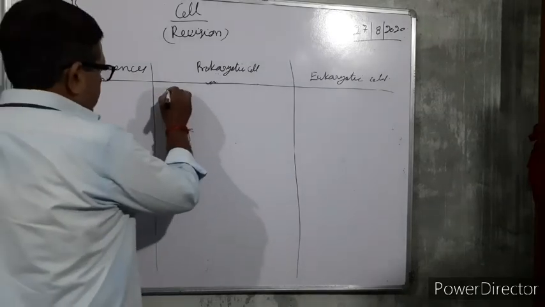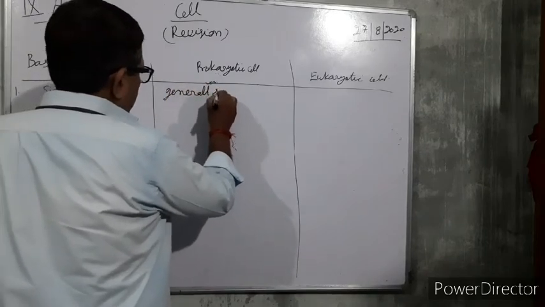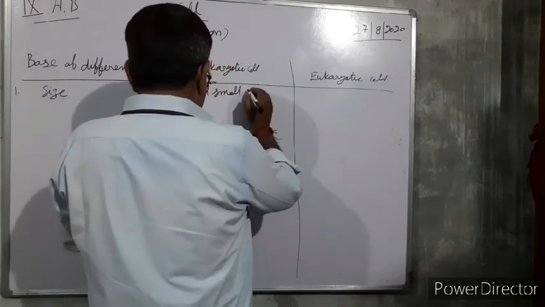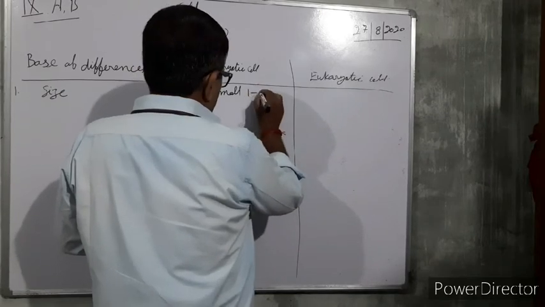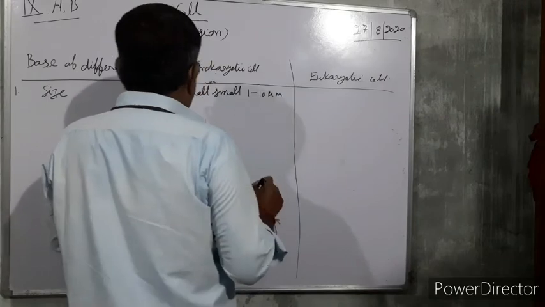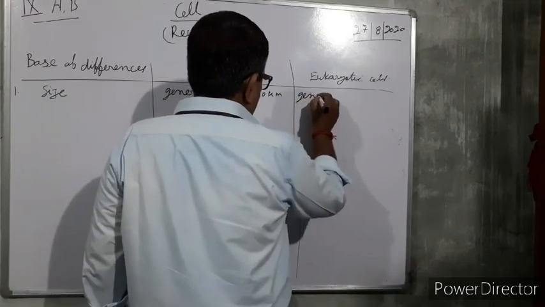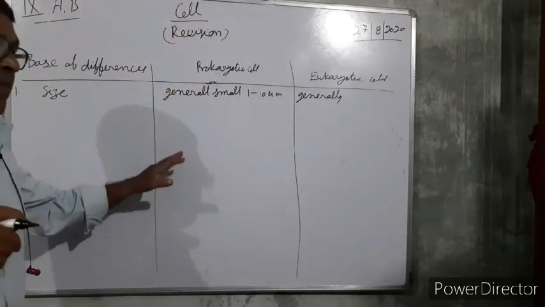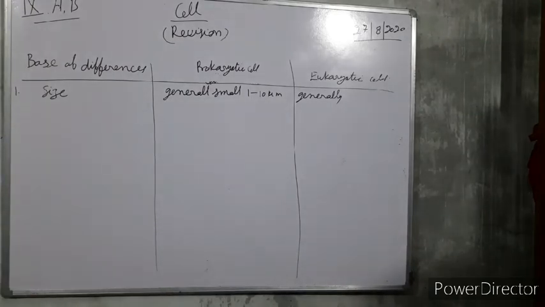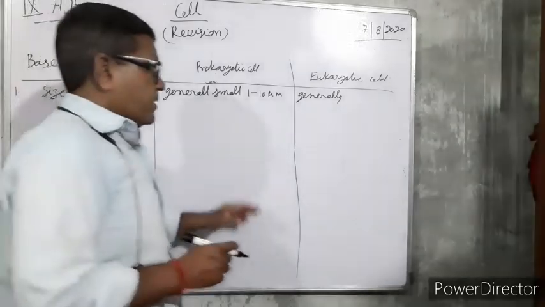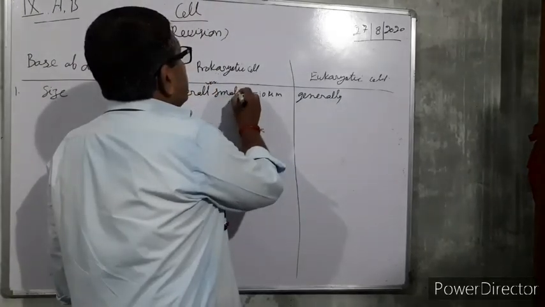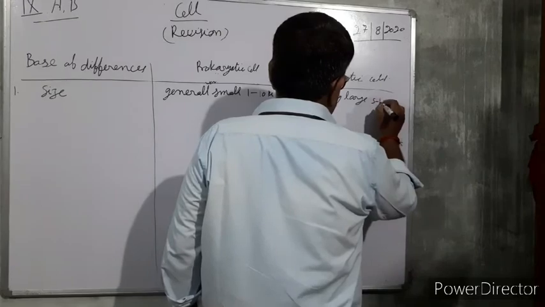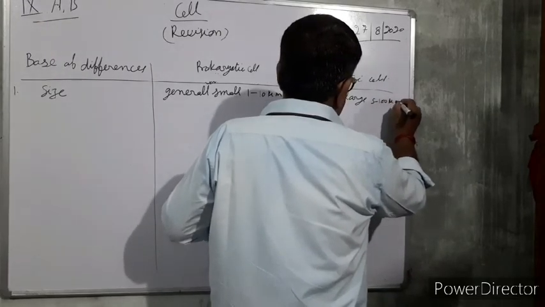Prokaryotic cells are generally the smallest, from 1 to 10 millimicron, and eukaryotic cells are generally large in size, from 5 to 100 millimicron.